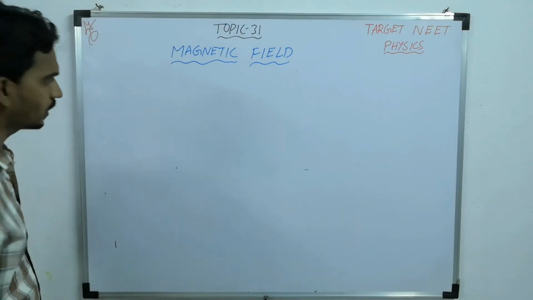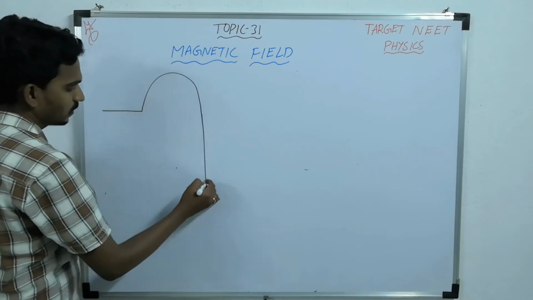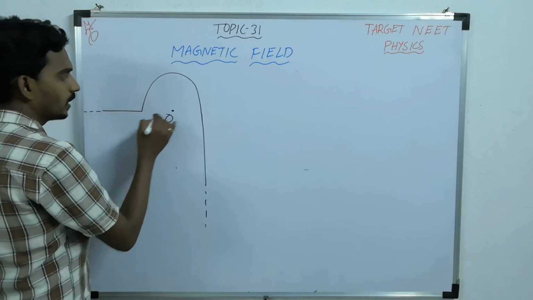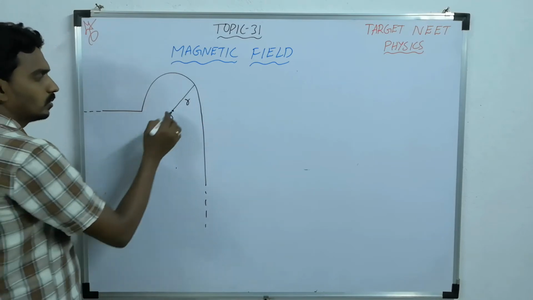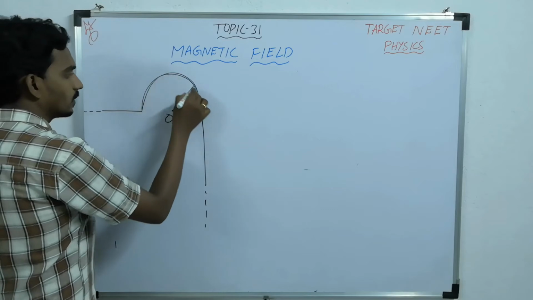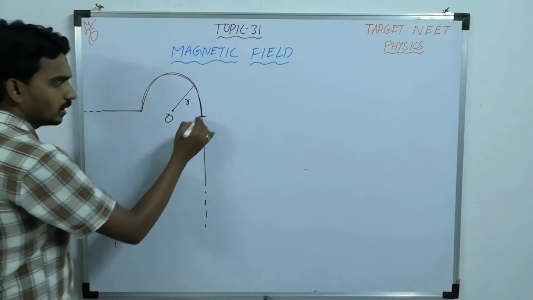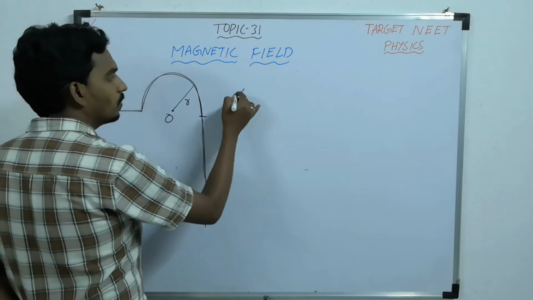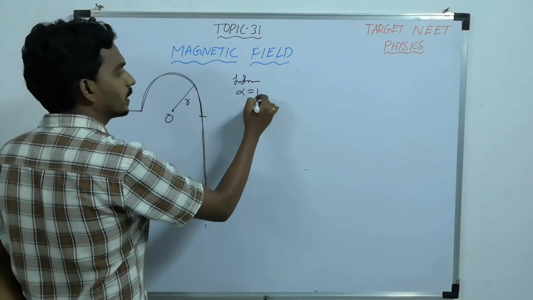Consider one simple element first. Find the magnetic field at this point where this is r. Now this is a semicircle, and this is semi-infinite. For infinite, alpha and beta both are 90.